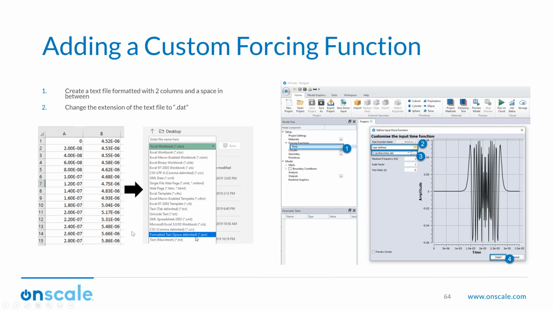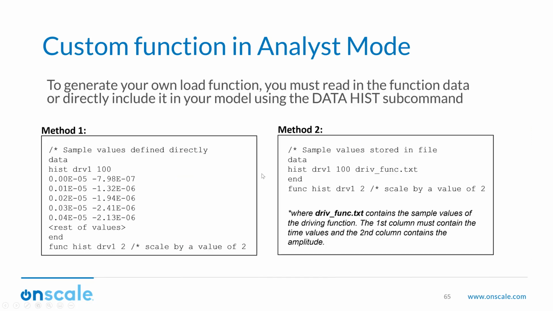Now, how to import that in the analyst mode? There are basically two ways. The first way is to define those values directly in your Flex input file using the data command. So you write data hist drive1, which is the name of the history here, and 100, which is the number of data. If you have 100 data, you put 100. If you have 1,000 data, you put 1,000.